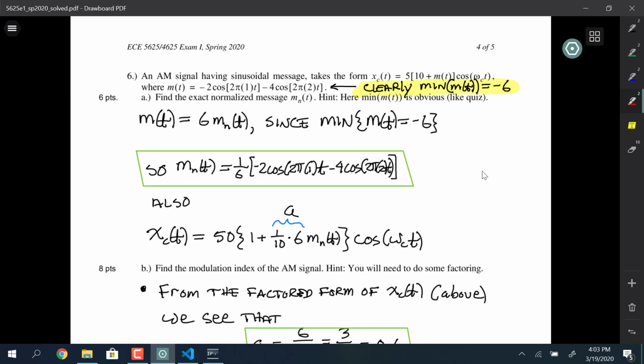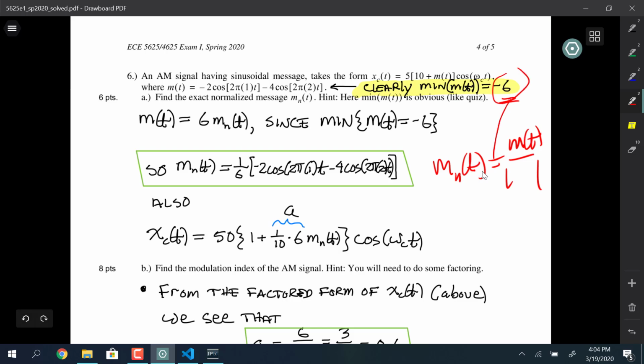Number 6, we talked about some on Tuesday too, and that is finding the normalized message. In this case, you can see by looking at the message itself, because I have 2 minus signs on there, when t is equal to 0, those 2 cosines constructively combine to have a minimum of -6. The definition of m sub n of t is m of t over the absolute value of this.